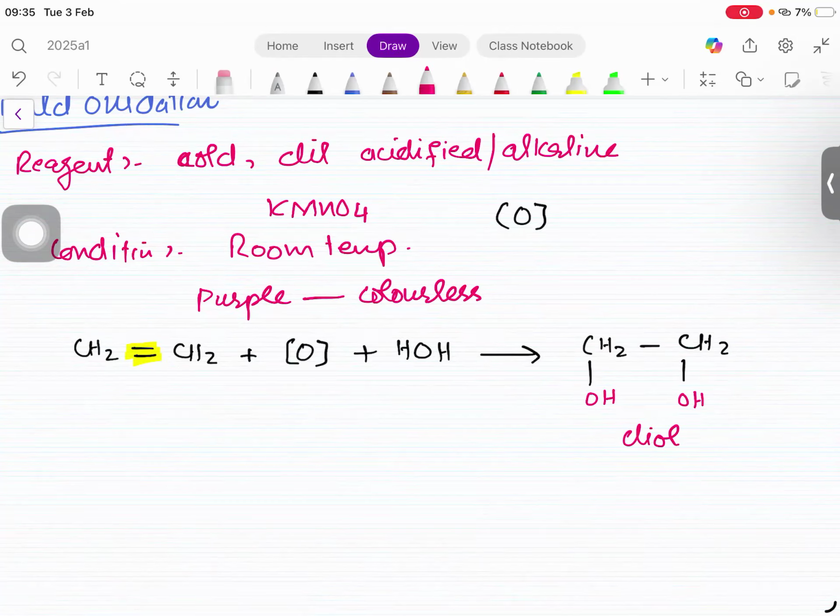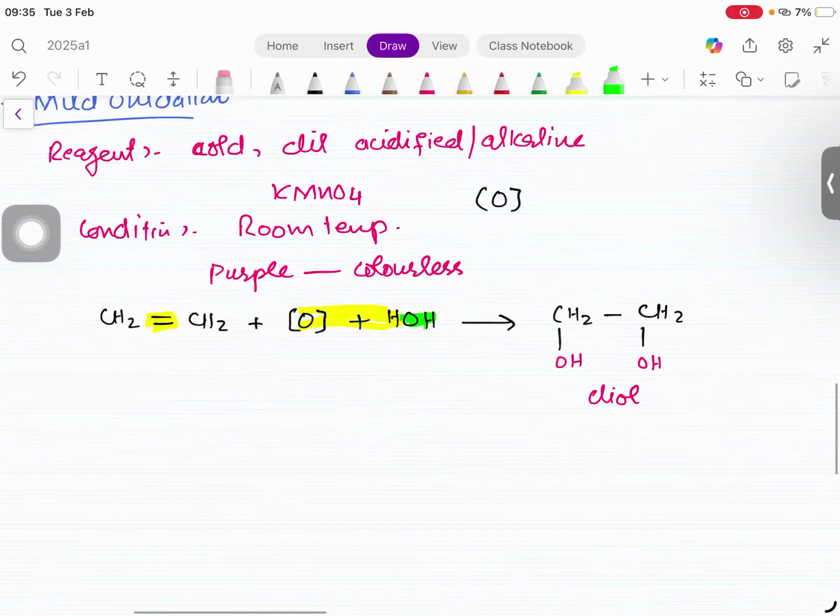Listen, everyone, this OH and this OH are added together, one on each carbon. So ethane-1,2-diol is formed from ethene. It is always the same kind of product: a diol is formed. In this case, it is ethane-1,2-diol.